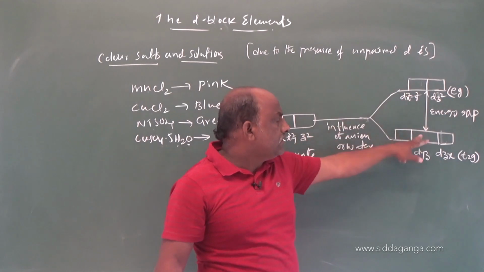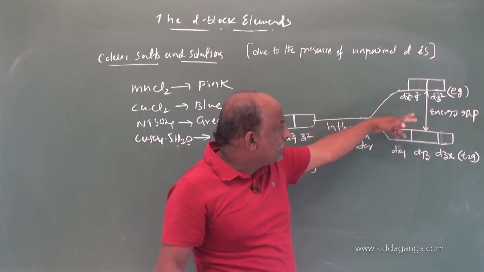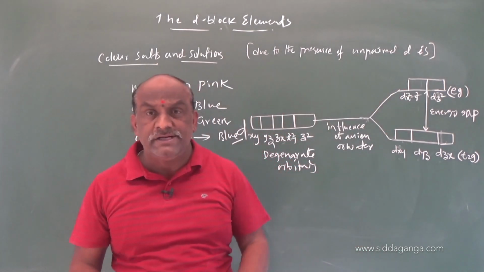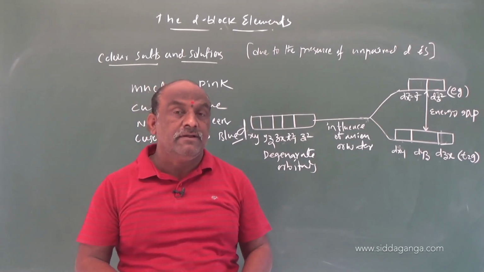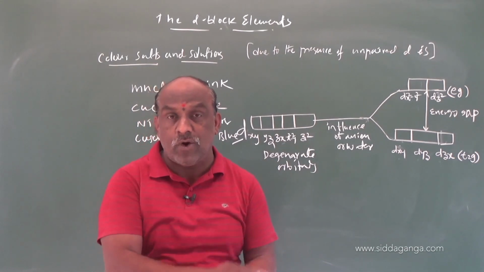So you observe that some orbitals go down, and some go up. This situation happens when the transition element is influenced by anions or by water.